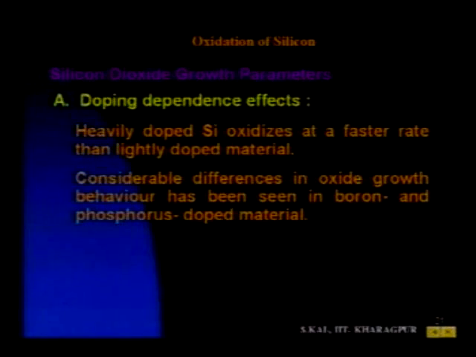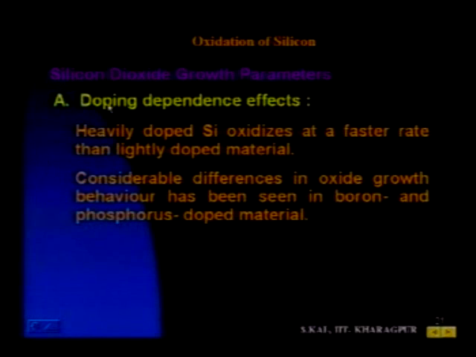But in case of the metallization scheme, there it may create problems. Next, a considerable difference in oxide growth behavior has been seen in boron and phosphorus doped material. That is another thing.